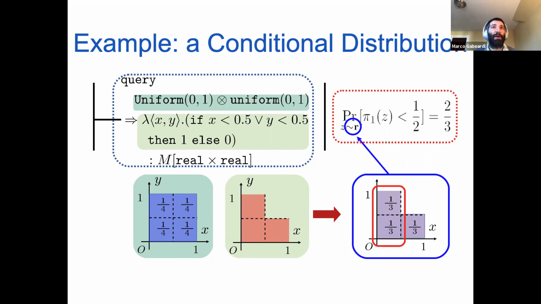The type of this program will be just a monadic type over two reals, so a distribution over a pair of reals. And what we can prove is something like the following: that when we take a sample from R, and we project the first value, so we take the first component, the probability that this is strictly less than 1/2 is 2/3.